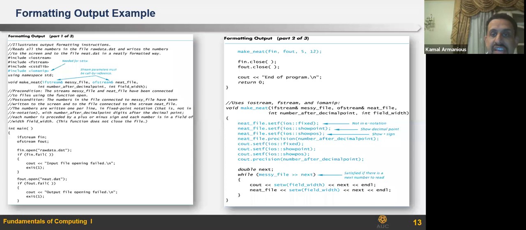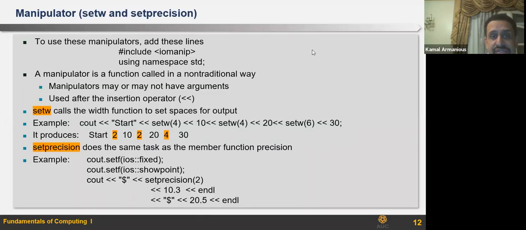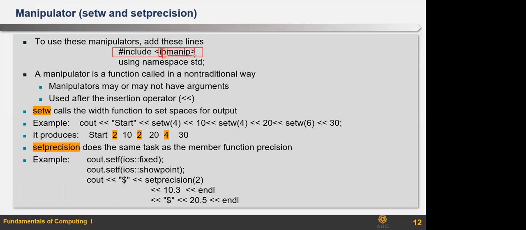Then I have something called a manipulator, and this manipulator exists in a library called iomanip, meaning input output manipulation.